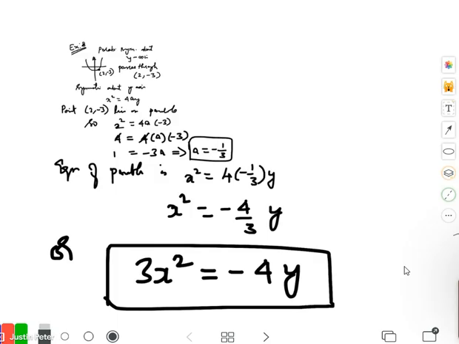Is this clear? So the parabola is also done. Afterwards it is all practice problems here. There are 12 problems, then comes your ellipse. Next is going to be our ellipse and then hyperbola.